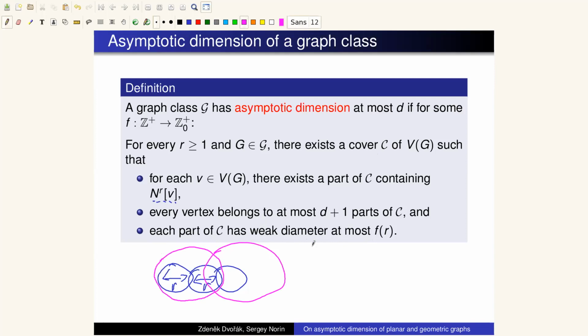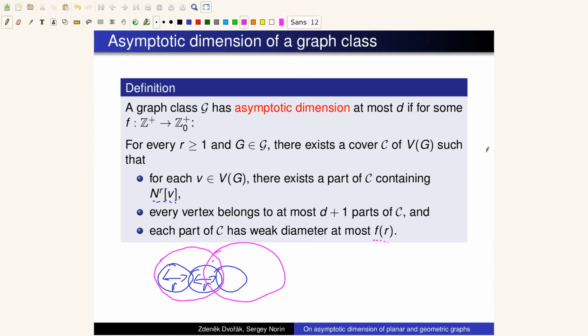So each set of the cover must have weak diameter at most this function of R. And it must have the property that every vertex belongs to at most d+1 parts of this cover. So this is just a direct transformation of Gromov's definition to the graph setting.